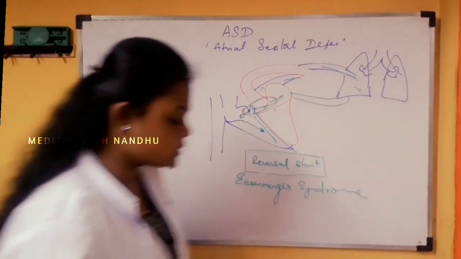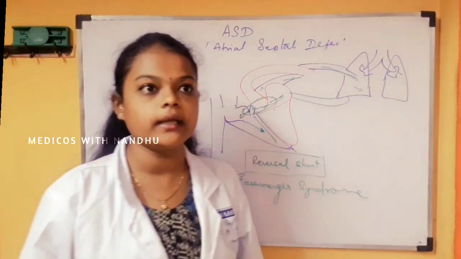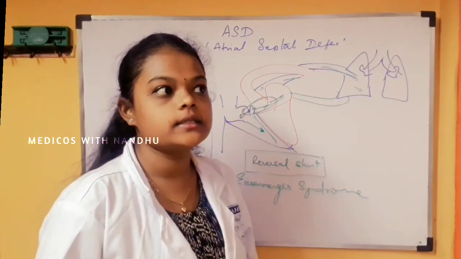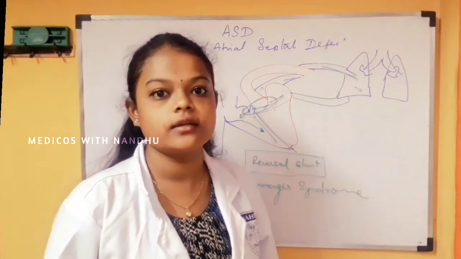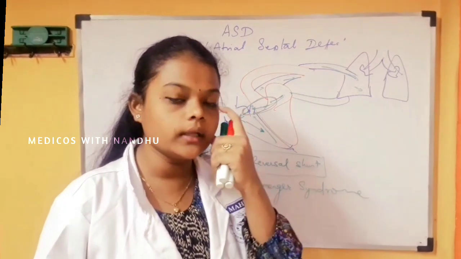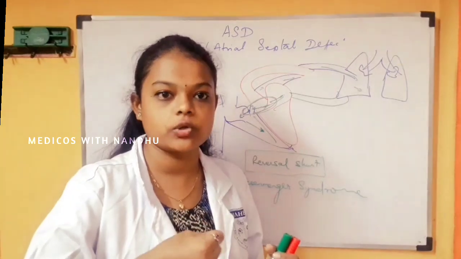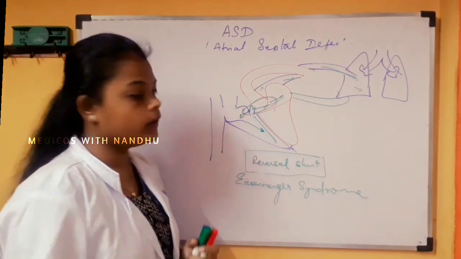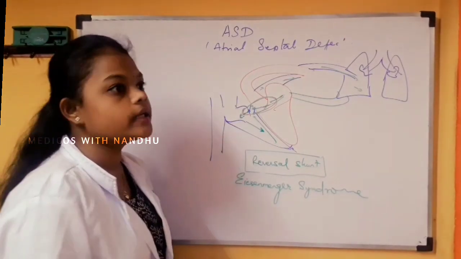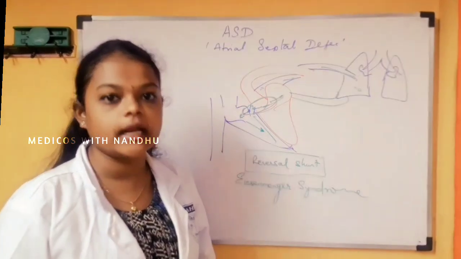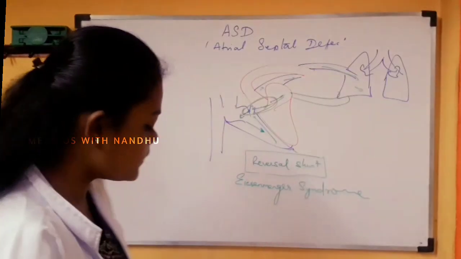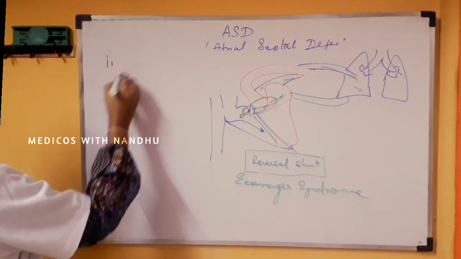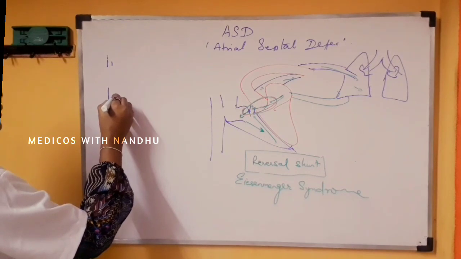Coming to symptoms, normally they are asymptomatic at first, and then there will be breathlessness and tiredness, as well as a systolic thrill. During ventricular contraction there will be a thrill in the vessels, as well as a wide, fixed splitting of the second heart sound. Normally expiration occurs like this and inspiration like this.